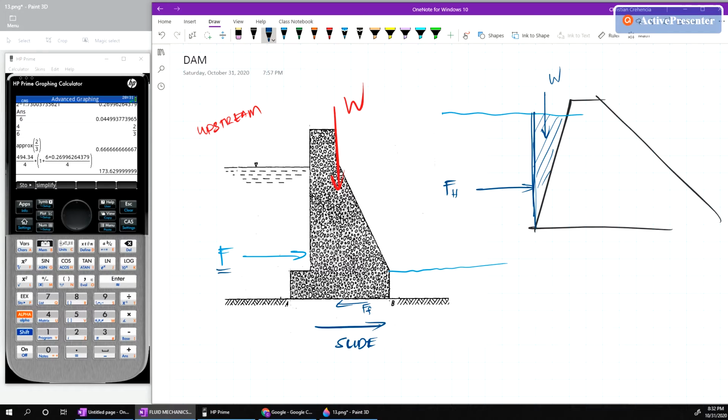Okay? So, another possibility is tumumba yung dam natin and mag-rotate siya about this point. Okay? So, this point is yung tinatawag nating toe. Namang point na to, tinatawag nating heel. So, parang sa paa lang. Okay? So, toe and heel.